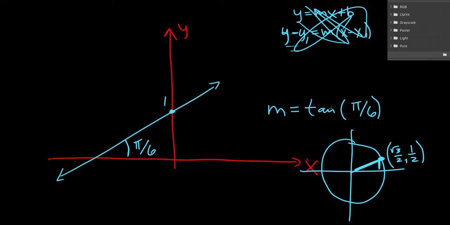And tangent is y over x, so it is 1/2 divided by square root of 3 halves. Flip the second one. Those cancel, and so we have 1 over the square root of 3 for our slope.